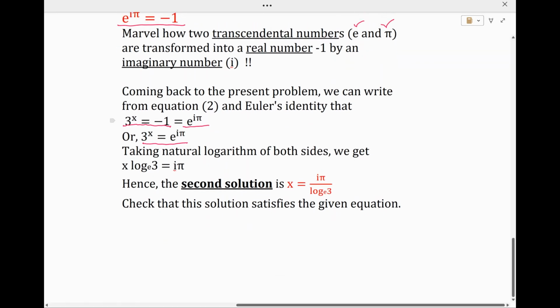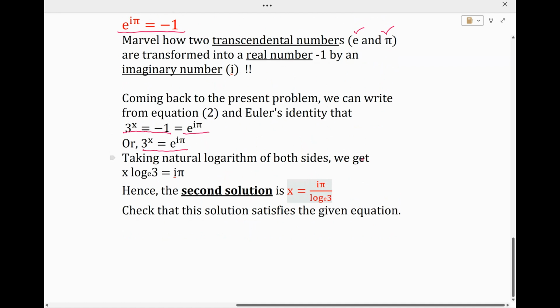Taking the natural logarithm of both sides, we get x times logarithm of 3 to the base e is equal to i pi.